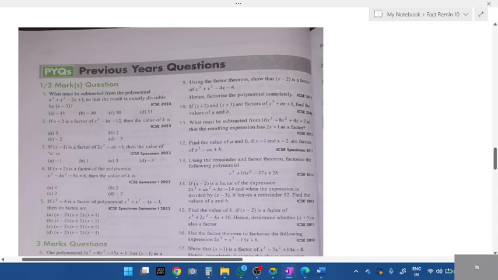Only up to 24. 25 we'll solve as a paper. From the paper, shall we start solving the questions? All of you? Okay, start the first MCQ, students. We'll start from MCQ.